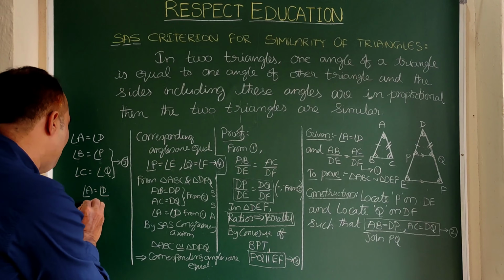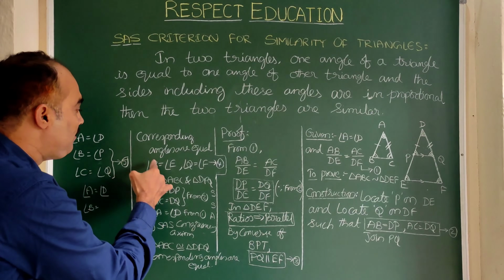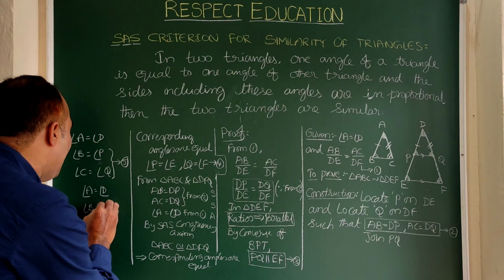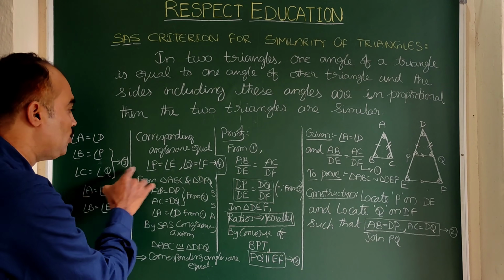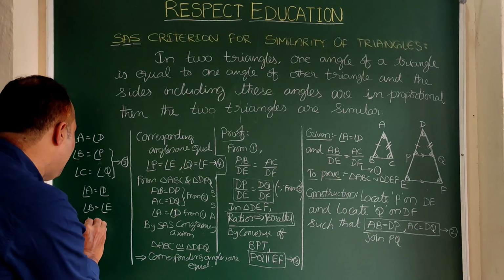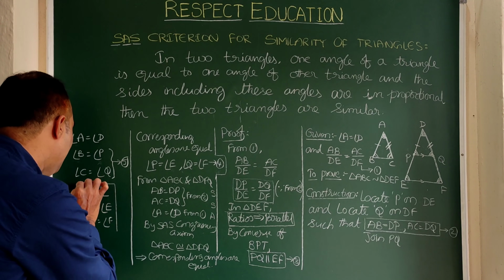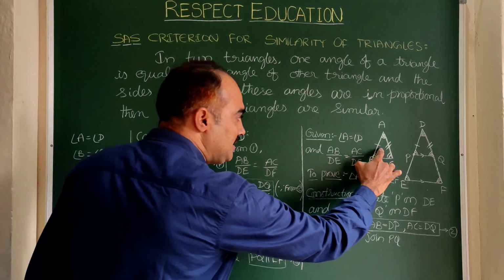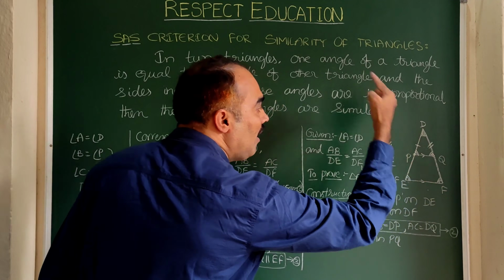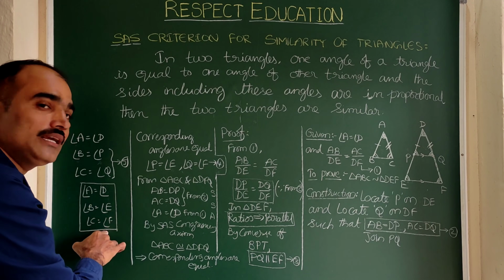In place of angle B, I can write angle P, but angle P is already angle E, so angle B equals angle E. Similarly, angle C is angle Q, but Q is F. Therefore, angle C is equal to angle F. So clearly the corresponding angles of triangle ABC and triangle DEF are equal.